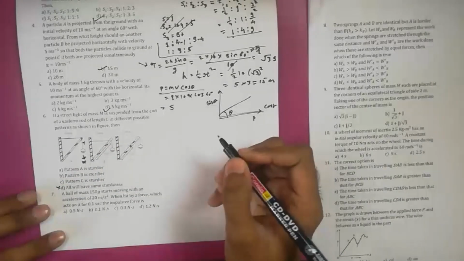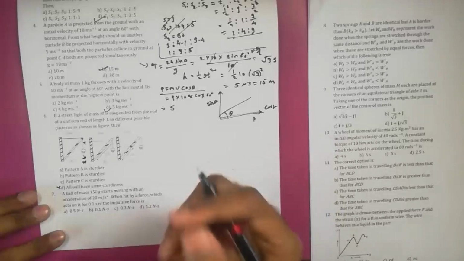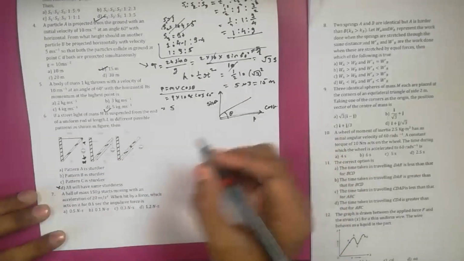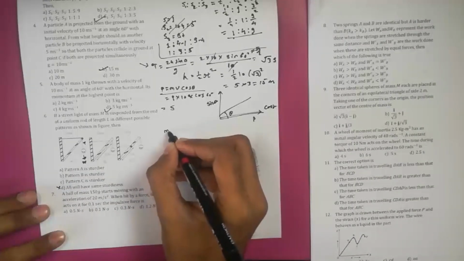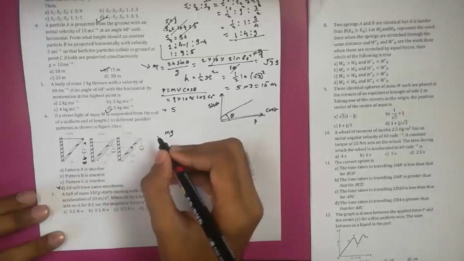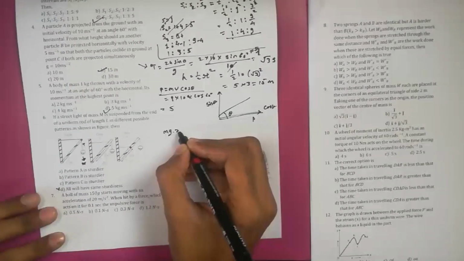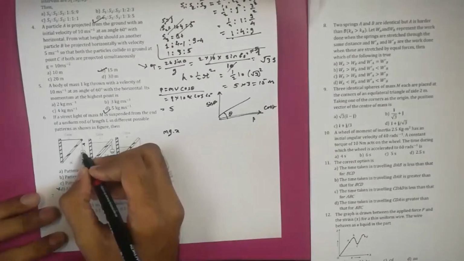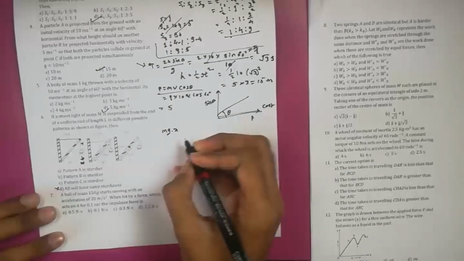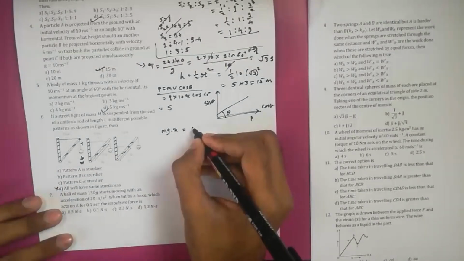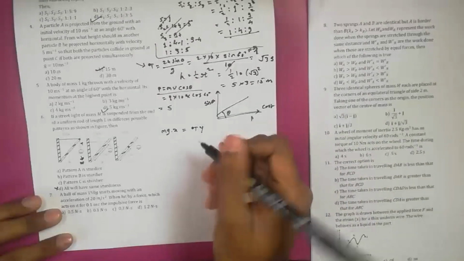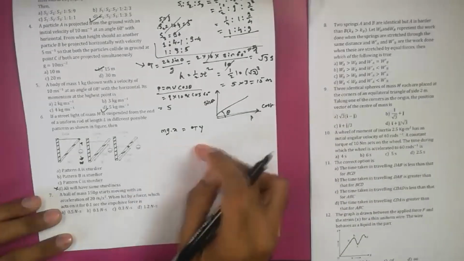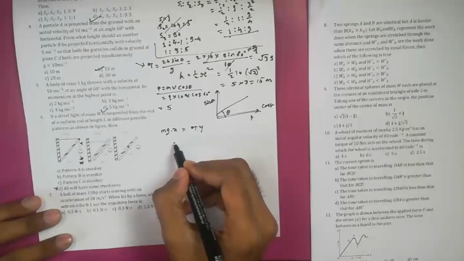To find the equilibrium, we can write mass into gravity, into the distance, that is the height we are taking, let's say the x height, and then the tension in the string and at what height the string is hanged. So if we find this equilibrium, we can rearrange this equation to write mgx upon y.